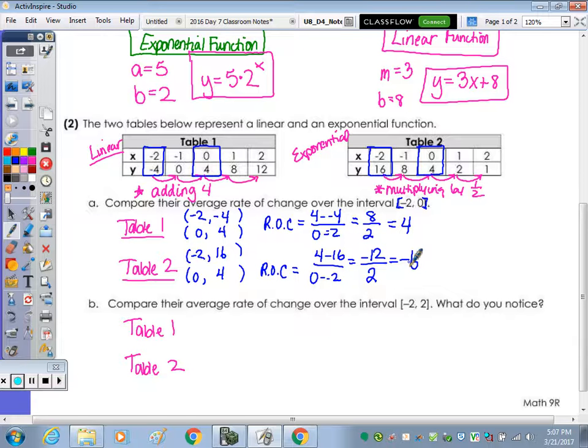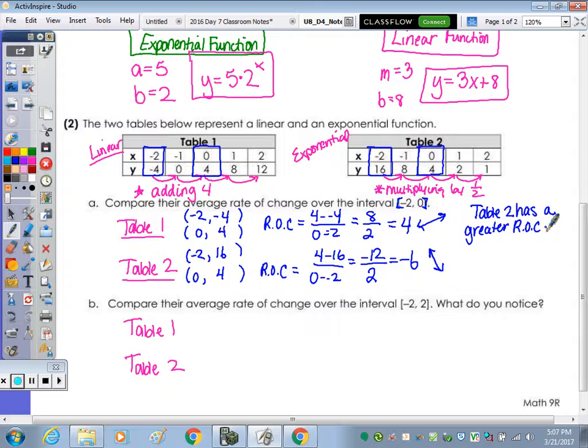Compare their average rate of change. Well, table 2 has a greater rate of change. I'm realizing it's negative, but negative is just indicating the direction, versus negative versus a positive. So table 2 has a greater rate of change.